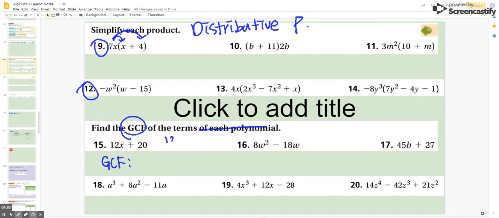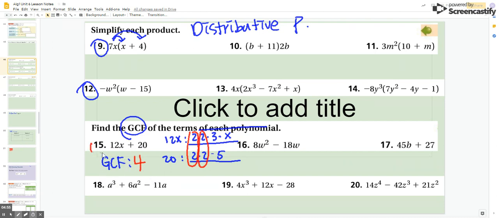What did I do? 12x, you do prime factorization. You remember, like 2 times 2 times 3 and x, and 2 times 2, you just keep going, 2 times 2 times 5. So these 2's are common factors, right? So the greatest common factor is 4.